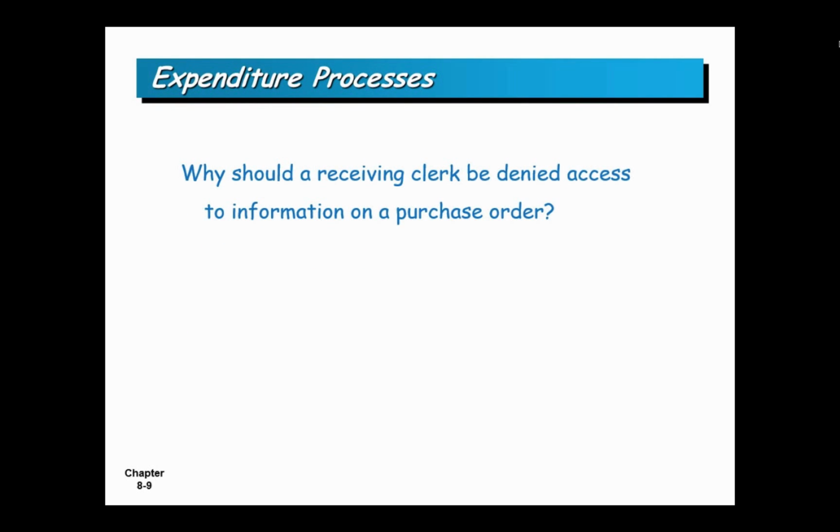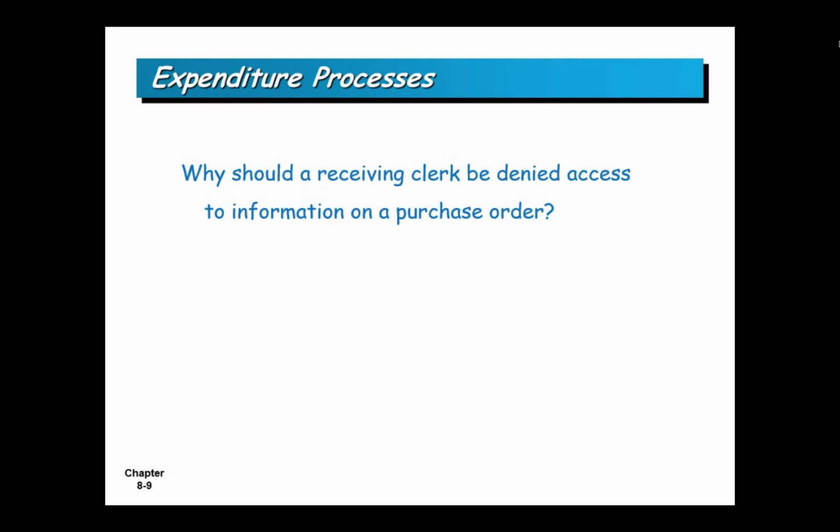Okay, so let's think about that receiving clerk, the person who's counting the stuff that comes in. Why should a receiving clerk be denied access to information on a purchase order? There's an assumption here that they should be denied access. Why? Could be collusion, sure. It doesn't always have to be fraud.